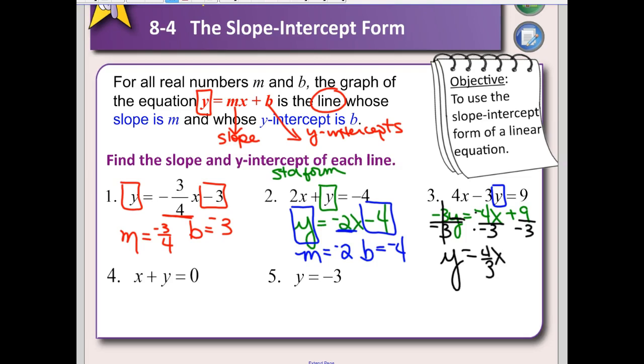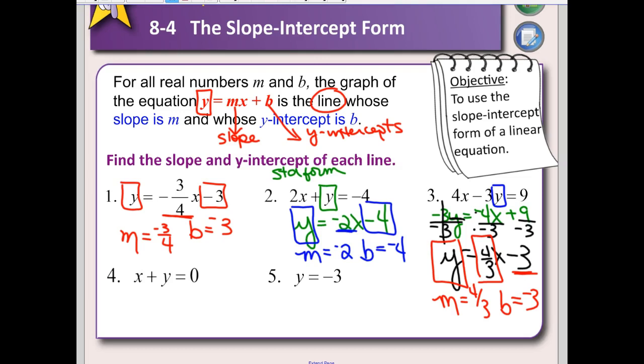So we've got 4/3 x, positive 9 divided by -3, -3. But now that we've got this in slope-intercept form, y stands alone. What is our slope? It's whatever is in front of x, which is 4/3. And what's my y-intercept? It's the constant on the end.